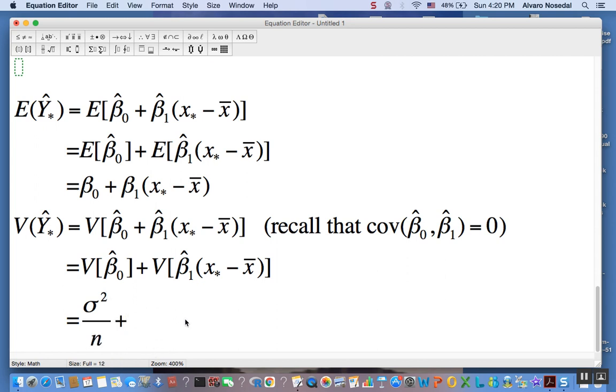Now we have to square that constant, and then multiply by the variance of beta hat 1, which happens to be sigma squared divided by SXX.